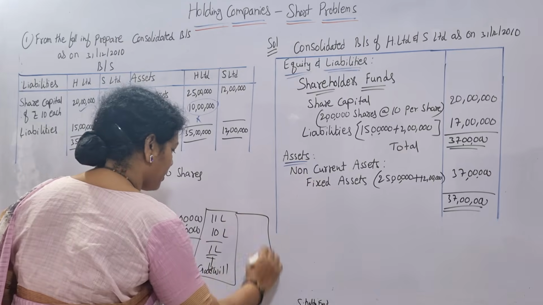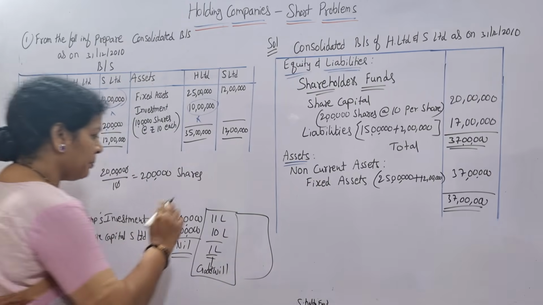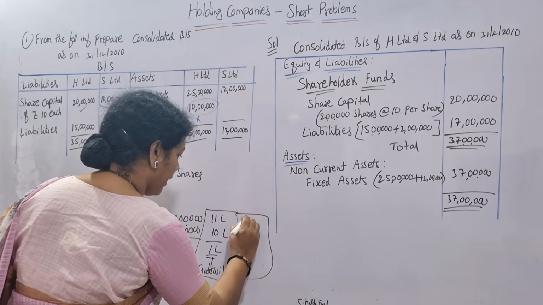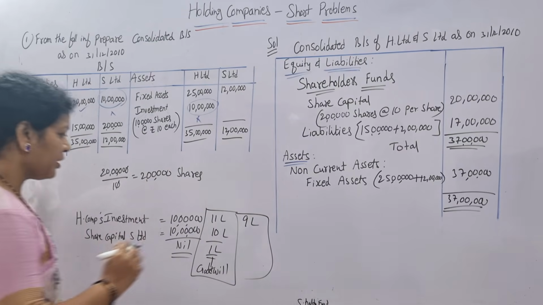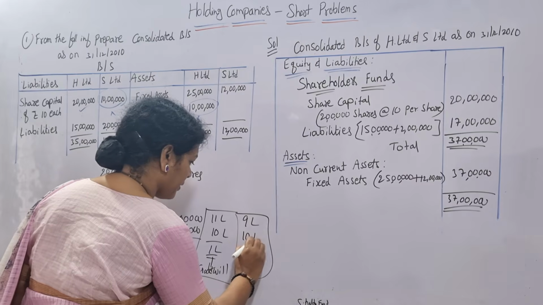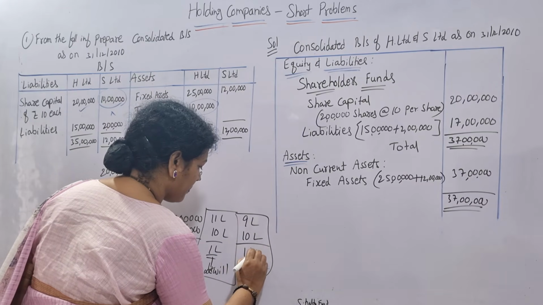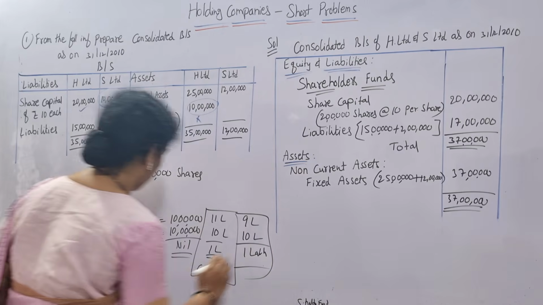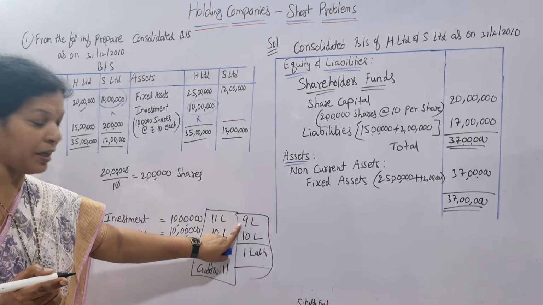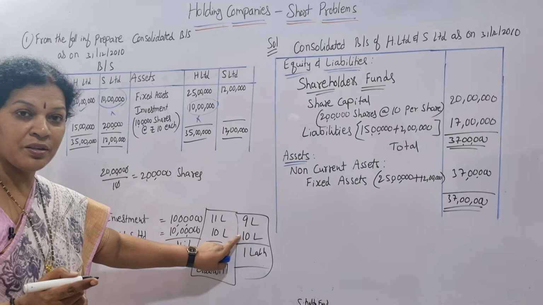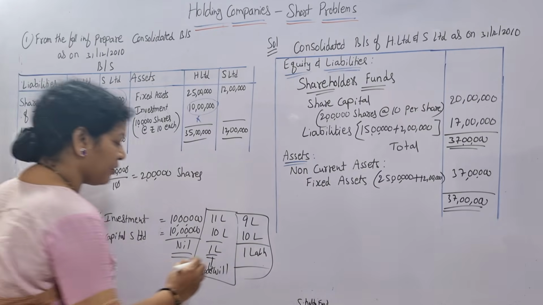Let me show you another case. Suppose the company's investment is 9 lakh and share capital is 10 lakh. The difference is 1 lakh. I am keeping the investment at 9 lakh, whereas the shares are 10 lakh. So this 1 lakh we call a capital reserve.